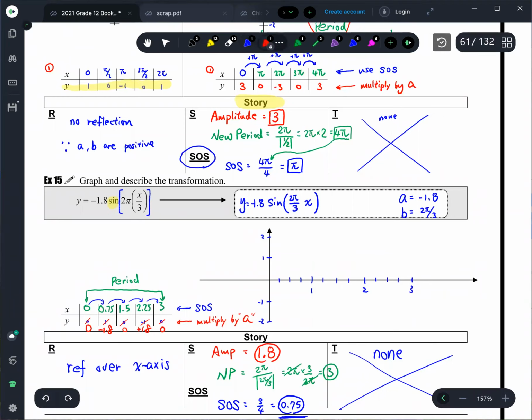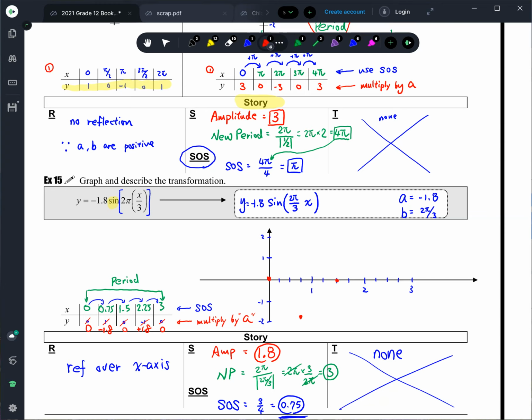Our first point is at 0, 0 here. 0.75 is 3/4, negative 1.8, so somewhere here. 1.5 will be at 0. You can see it's coming back up. Go down, up, and go up again.